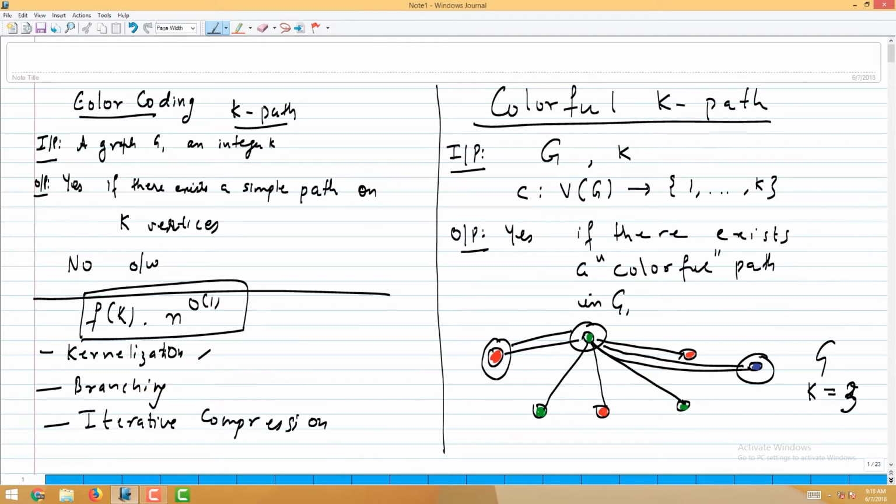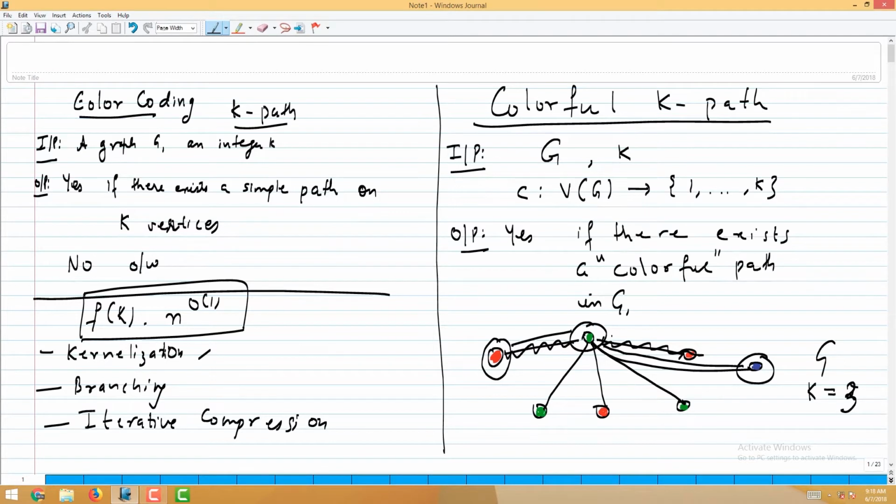This other one is also a path of length 3, but I can't output this because there are 2 vertices colored red in this path. So there is only one solution in this graph, which is this red, green and blue path. Is the problem clear? I'll give you such a graph as input and you have to find me a colorful path in this graph of length k.